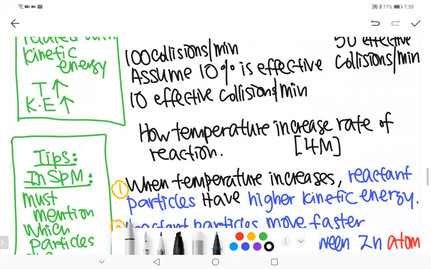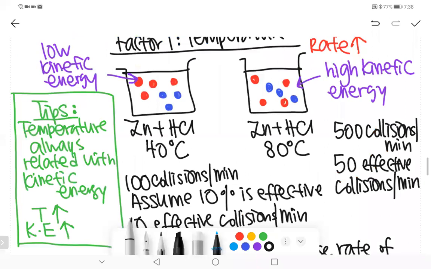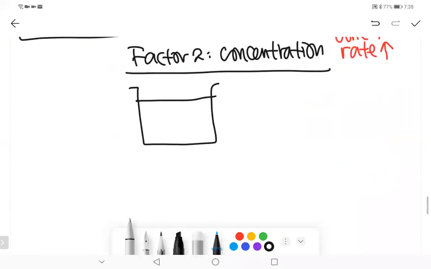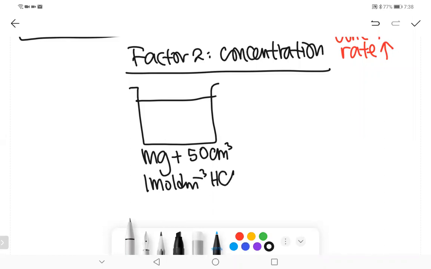Let me give you some idea here. Let's say for the first beaker, we use magnesium and we react with 50 cm cube, 1 mole per dm cube hydrochloric acid.